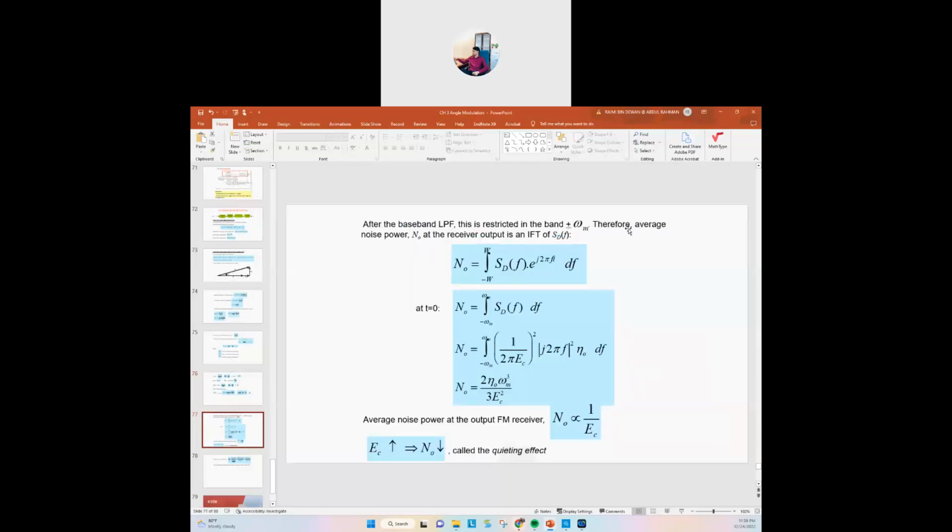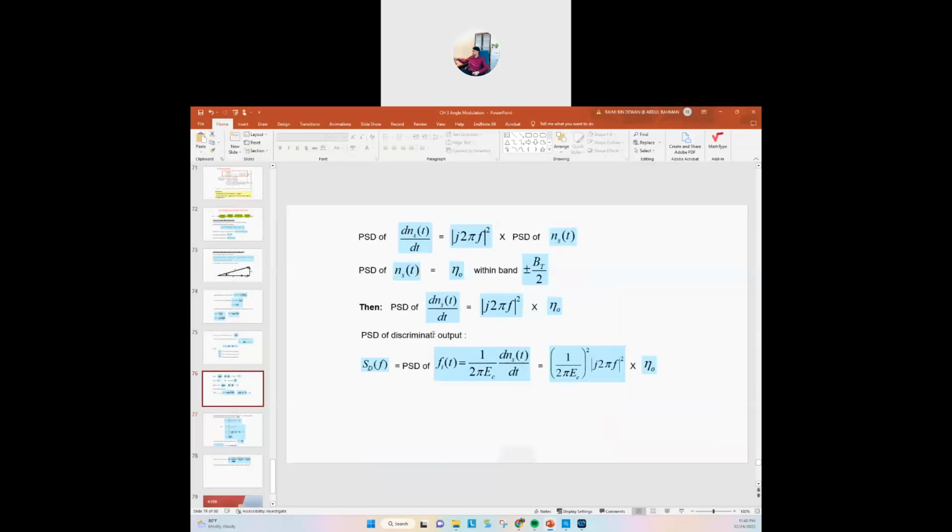If you don't know what this IFT is, you can Google it, because this is supposed to be known before coming to here. Search for the inverse Fourier transform of S_D(f).